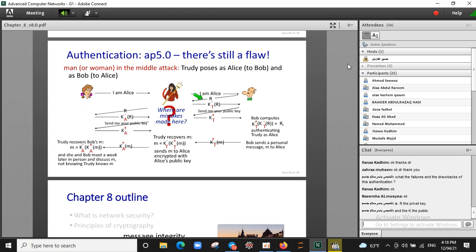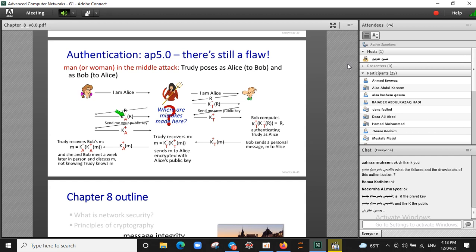R is not a key. R is a message. Okay? K is the key. If you can see here, if we put a minus sign over K, something like this here, a K with a minus sign, it means that this is a private key.